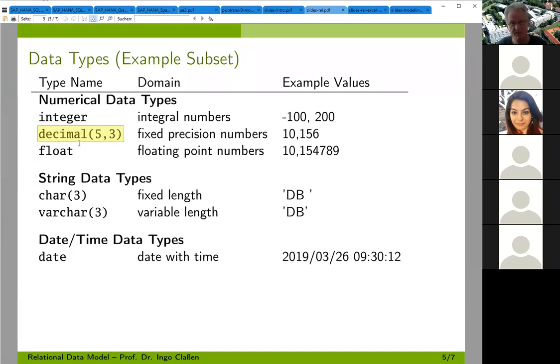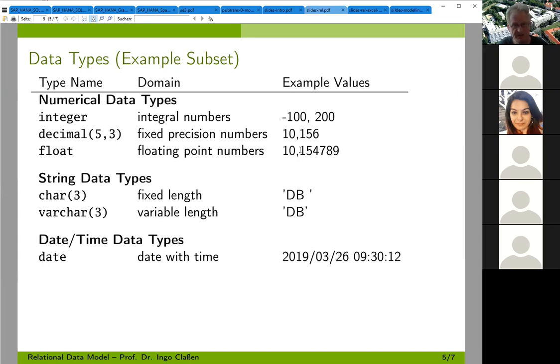For example, a decimal 5,3 means that we have a fixed precision number that has 5 digits and three digits in the scale, so behind the comma here. And we also have floating point numbers. They are also fractional numbers.